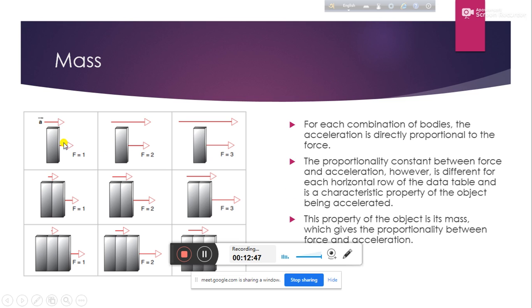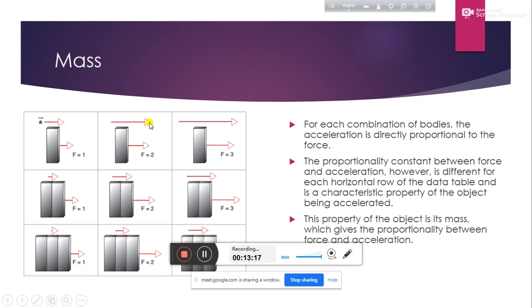Now let us see the experiment once again in a picture, so you can get the idea better. This was the 1 unit of body, the block on which we applied 1 unit of force, and the acceleration is this much. It is shown by one vector. Now when we increase the force to 2 units, obviously the acceleration will increase.